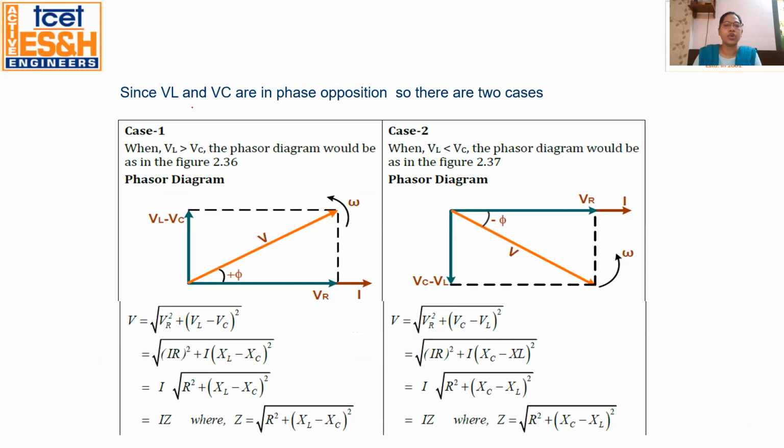Now there are two cases formed when we have a circuit which contains R, L and C and is supplied by AC supply.